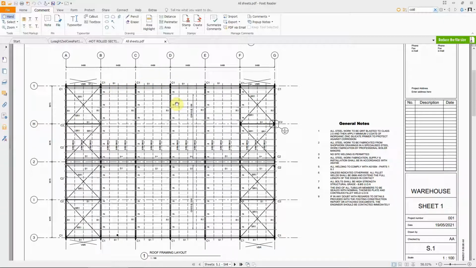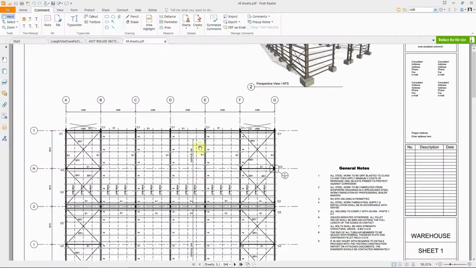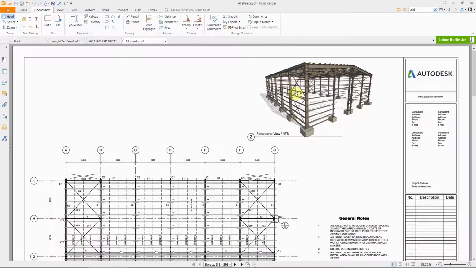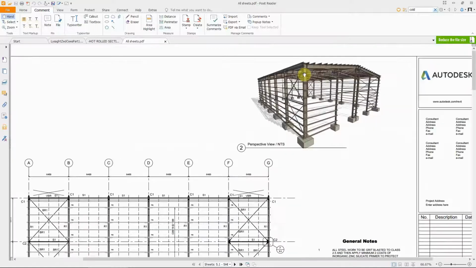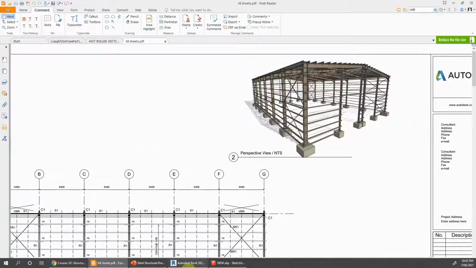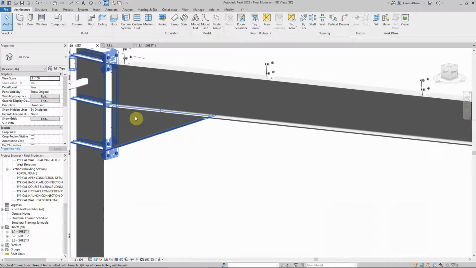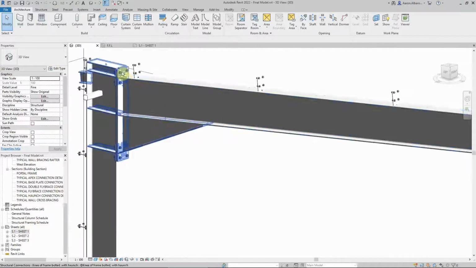It will teach you how to use the software to model them and connect them, because the software can do anything you ask it to do. You have to have the right knowledge to provide the right information. For example, let's go back to Revit, to know what type of connection I need to have here, what type of bolts I need to have here. Why do I have to have this small bracket here?